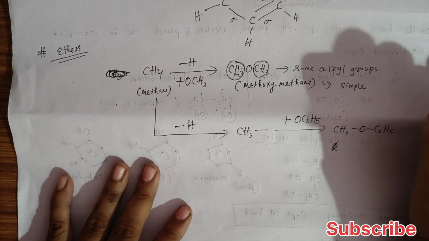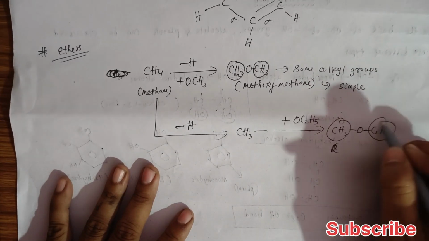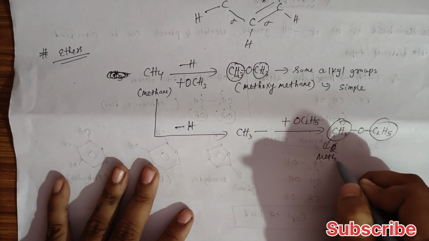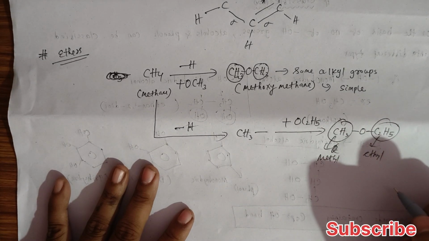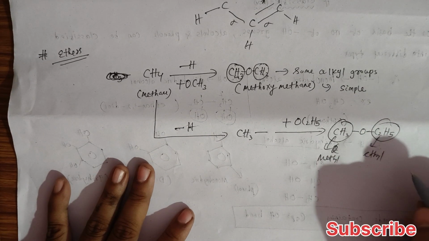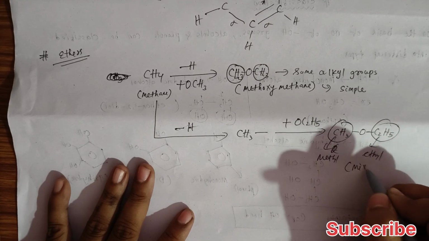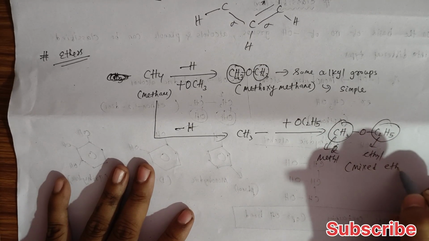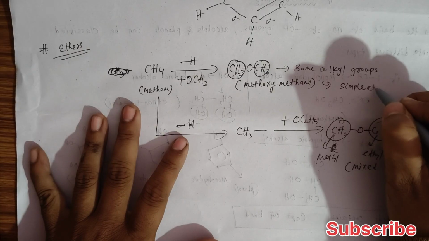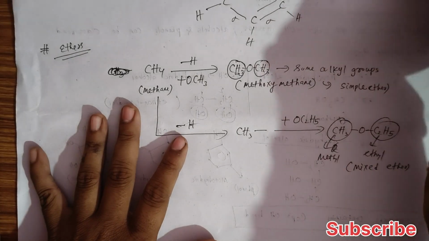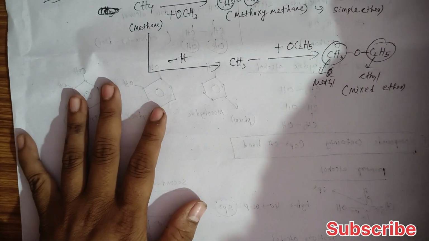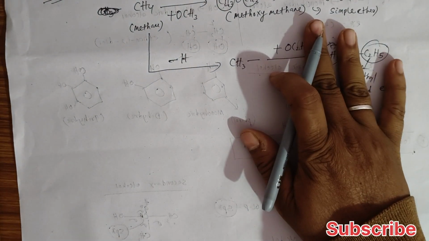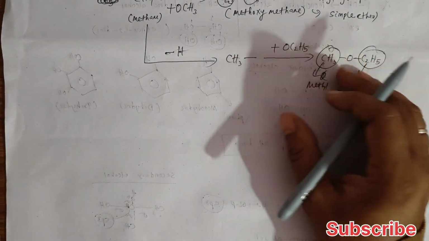If they are different, this is methyl, this is ethyl, if different alkyl groups are present, then it is called a mixed ether. Clear to all of you? This is a simple ether, these are mixed ethers. Very simple. Forget the name, but you have to clearly understand what a mixed ether is and what a simple ether is.